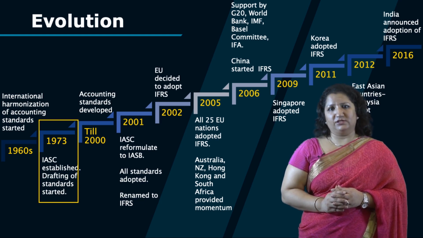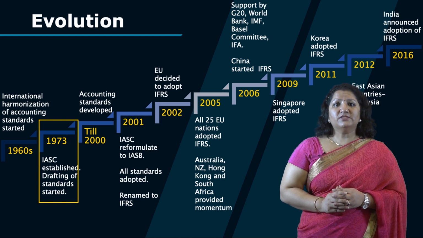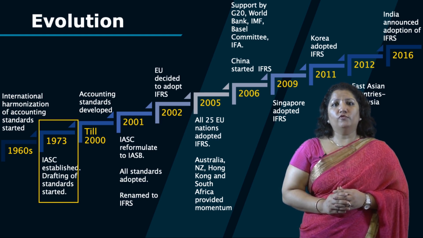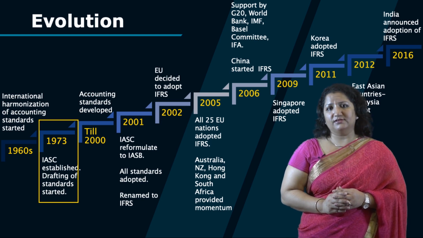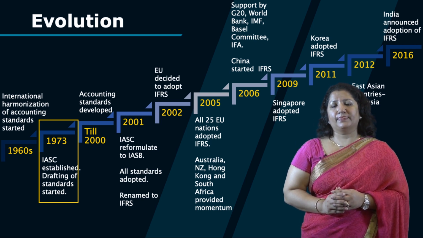This was a private sector initiative which was founded as well as funded as per an agreement between the accountancy bodies of over 75 countries, including our own, the Institute of Chartered Accountants of India.